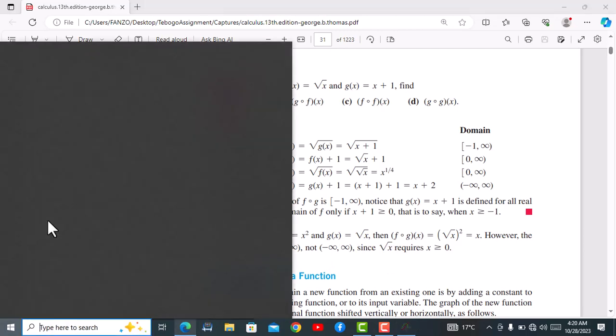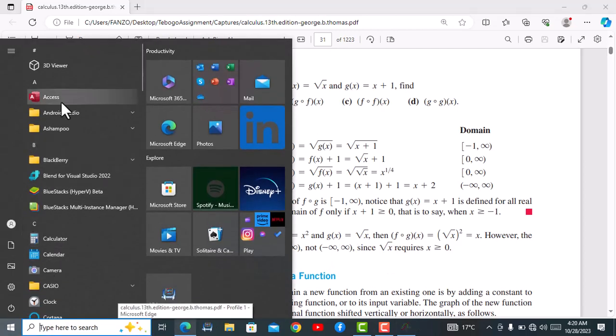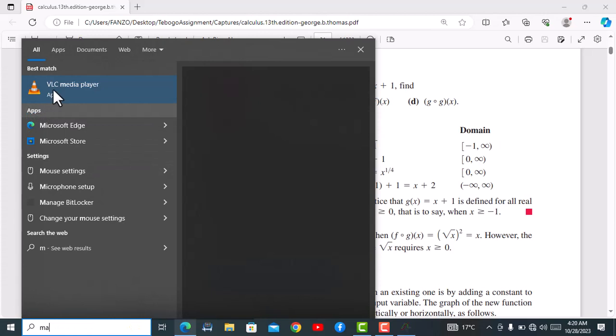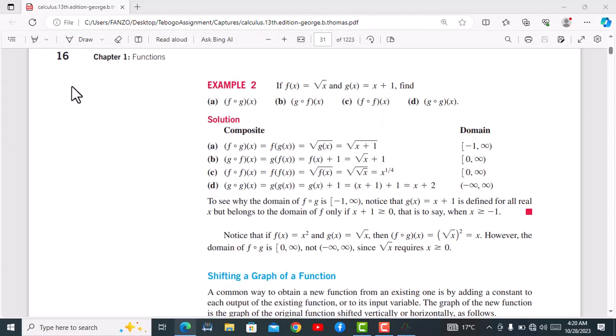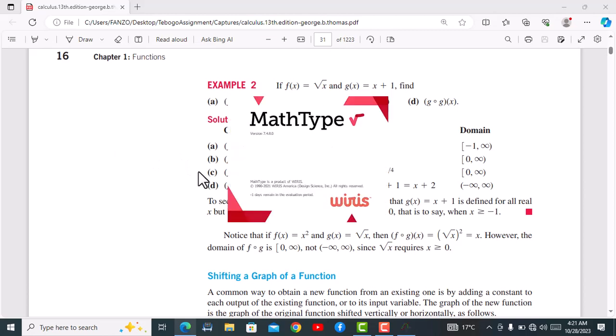Now remember how this works. I'm going to use this software to show you what this really means.